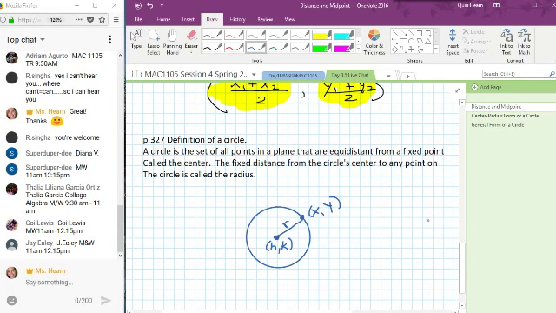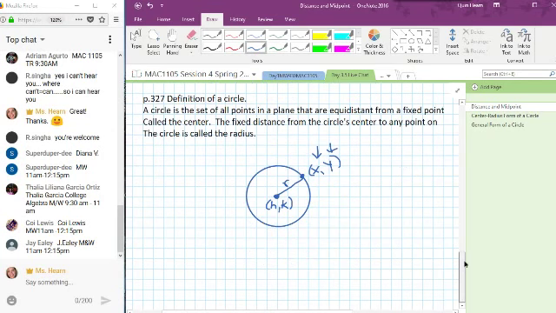So if we wanted to be able to write an equation relating any random point on the circle, x, y, to the radius and the center, we could use the distance formula. So remember, the distance formula says that the distance between any 2 points, x1, y1 and x2, y2, is the square root of x2 minus x1 squared plus y2 minus y1 squared.